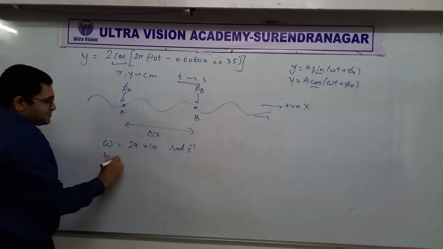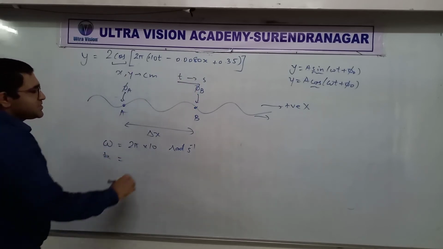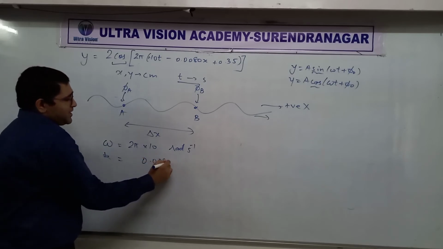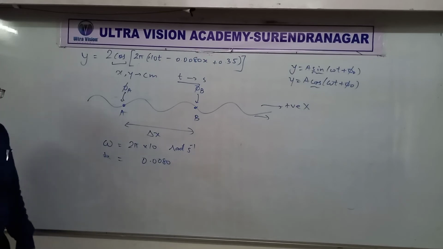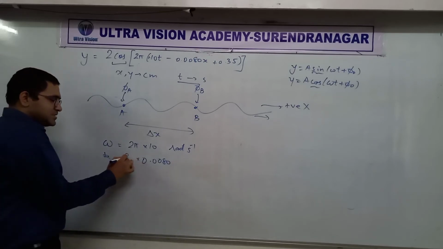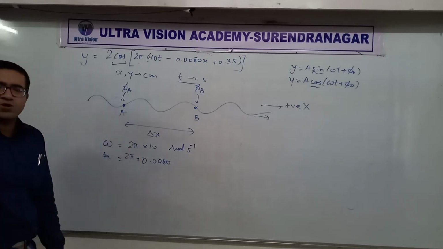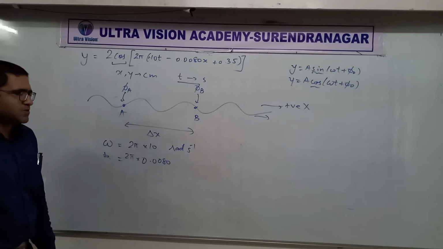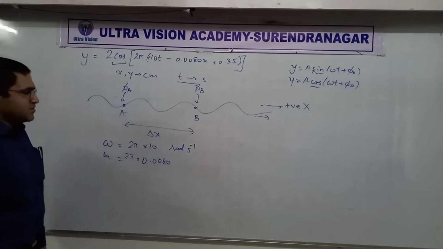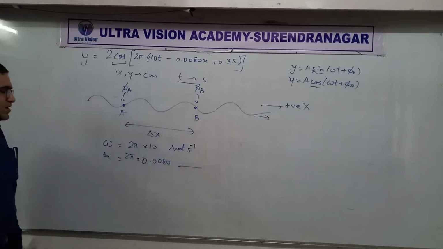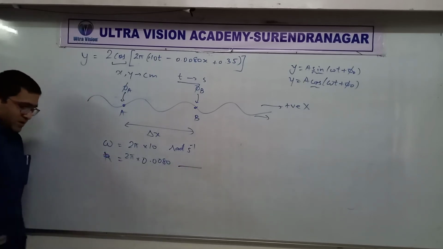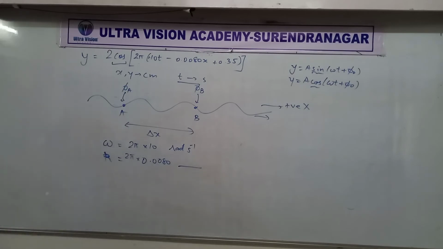Next, K. What's K? Is it only 0.0080? No. It is into 2 pi. Understood? And what unit should I write? Come on, you tell me the unit this time. What unit should I write for K?